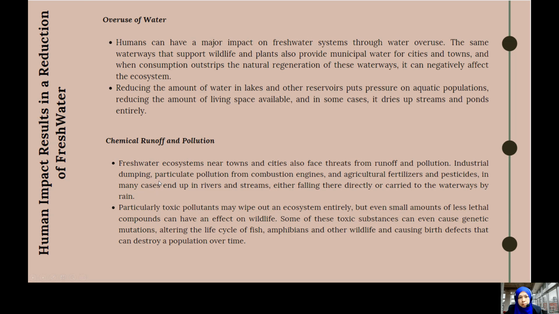Industrial dumping, pollution from combustion engines, and agricultural fertilizers in many cases end up in rivers and streams, either falling there directly or carried to the waterway by rain.